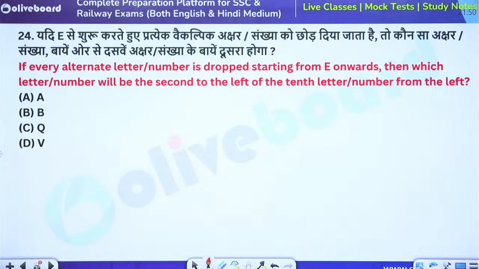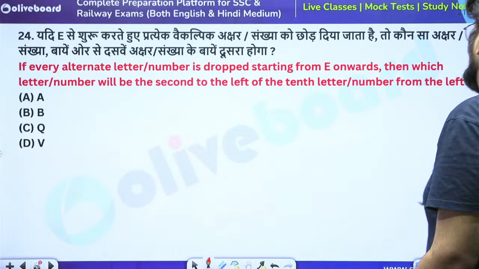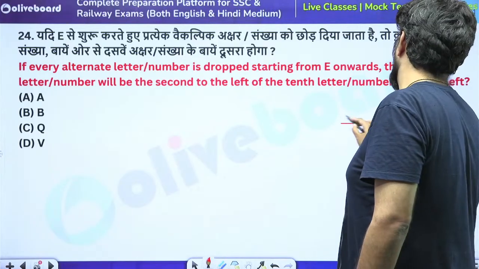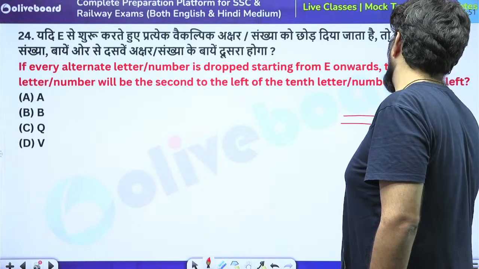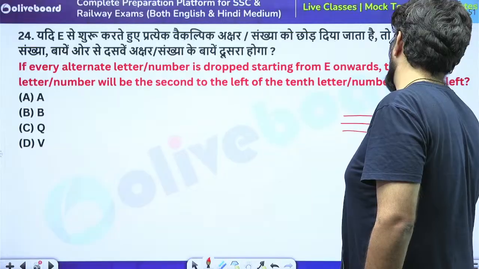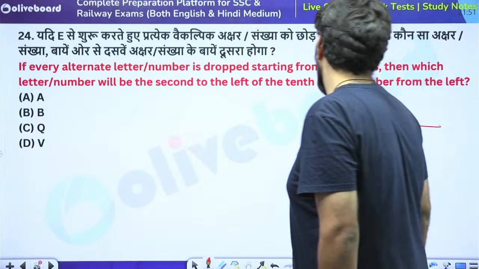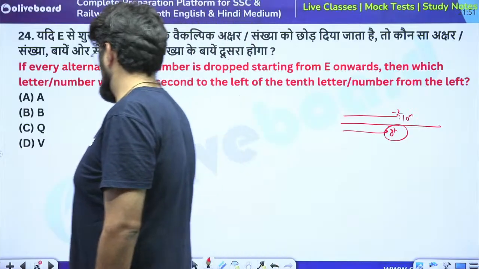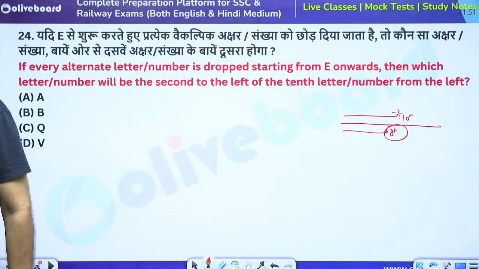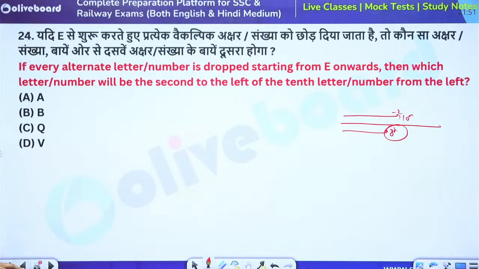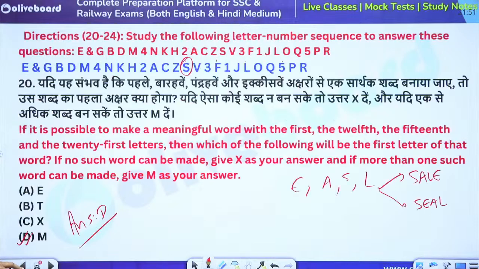If every alternate letter or number is dropped starting from E onwards, then which letter or number will be second to the left of the 10th letter from the left? So they want second to the left of 10th from the left, that is 8th letter from the left. 10th letter and second to the left will be -2, so 8th letter from the left is what they want. By dropping that you have to count. Technically 15th or 16th letter should be our answer, right? 8th letter is what we are looking at.